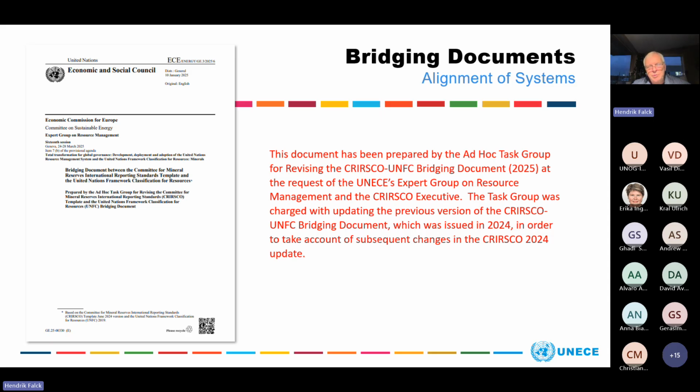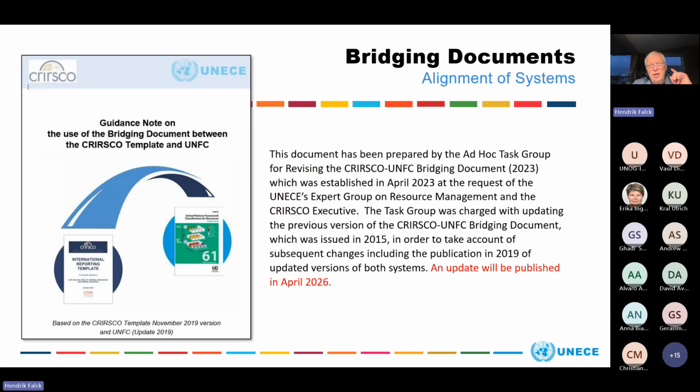So our systems are aligned for the current best standards, basically. The guidance document has been written. This one was published to take CRIRSCO 2019 to UNFC 2019. The new one will come out this spring, taking it to 2024.